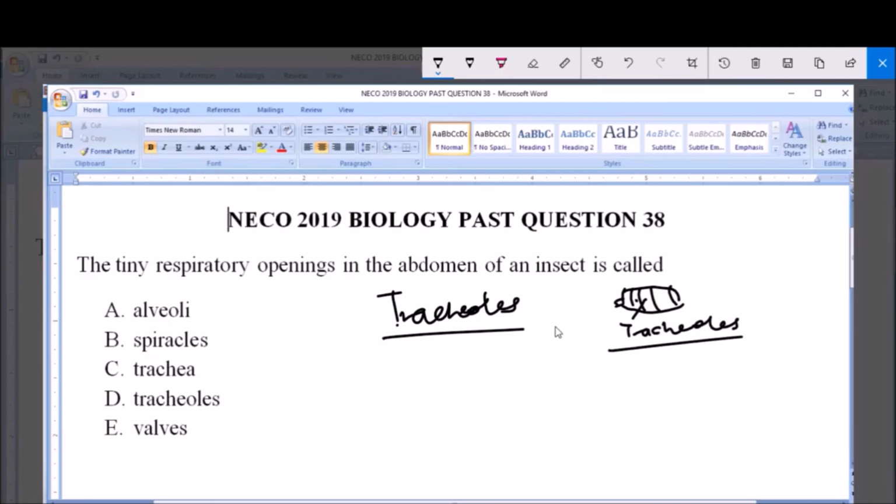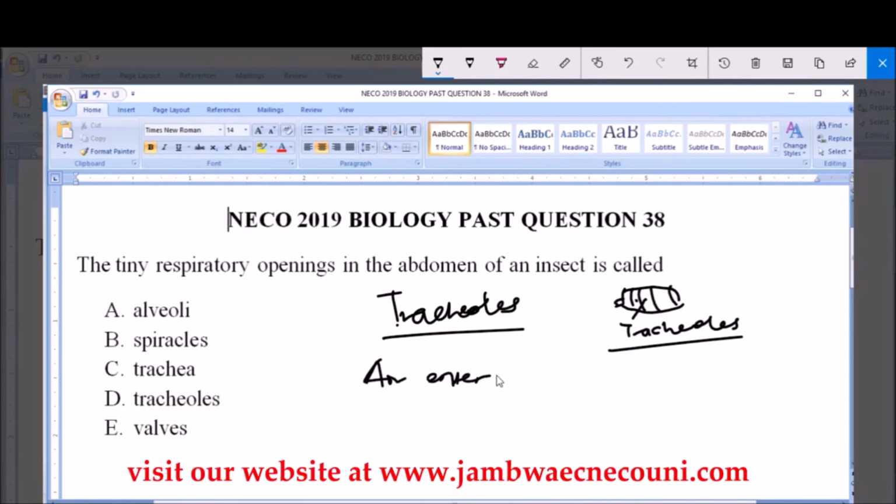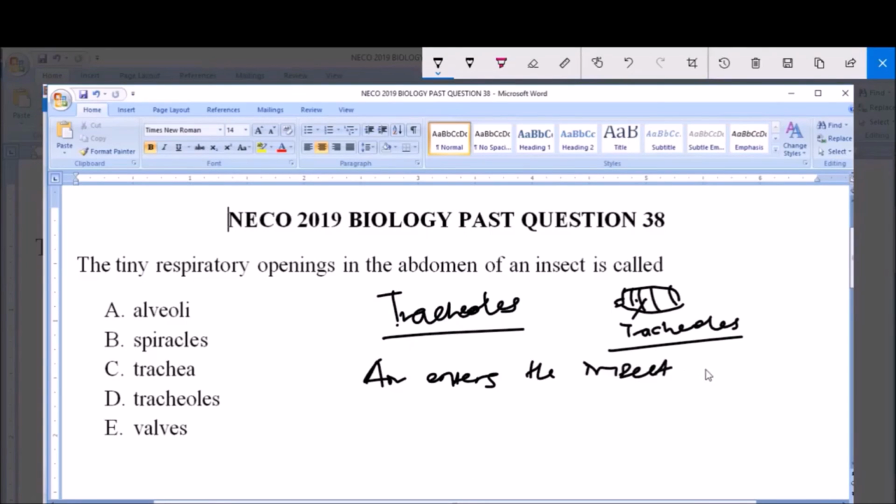Now how do these tracheals operate? Air enters into the insect, or the insect breathes air, through the spiracles. So air enters into the insect through the spiracles. Then from the spiracles, the air goes into the trachea. The trachea is actually the respiratory system of an insect.